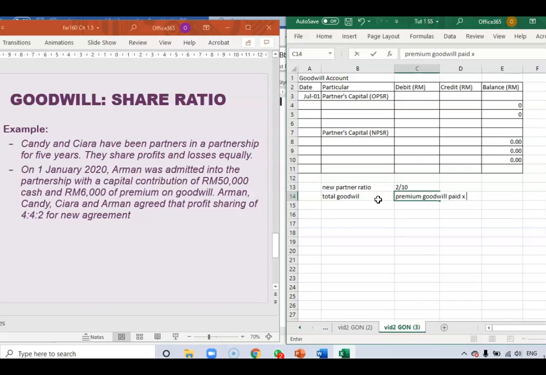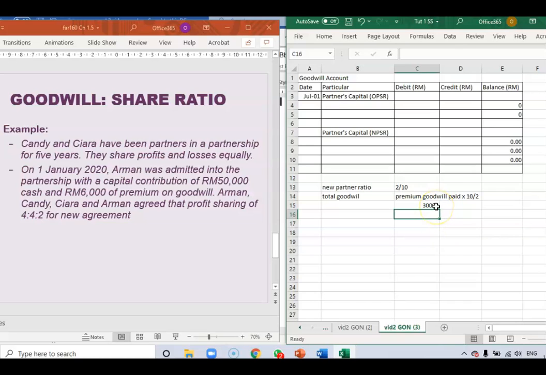So it becomes 10 over 2. So the premium is 6,000 multiplied with 10, you need to bracket them, and divide by 2. So actually your total goodwill is 30,000.